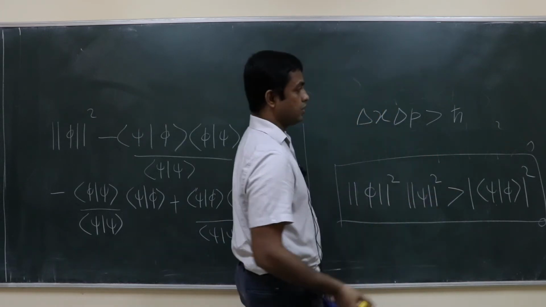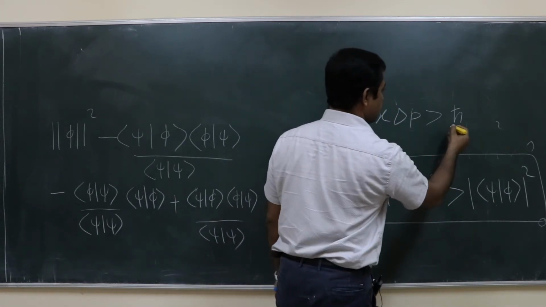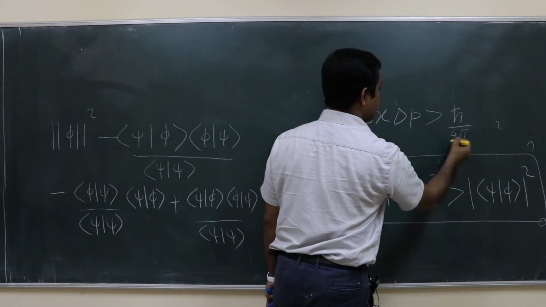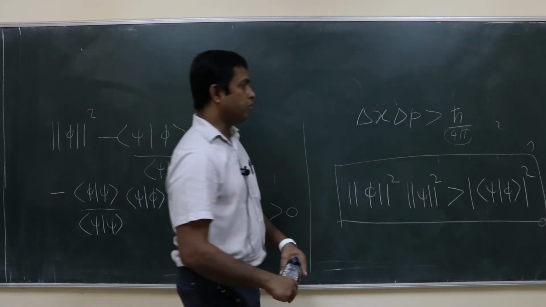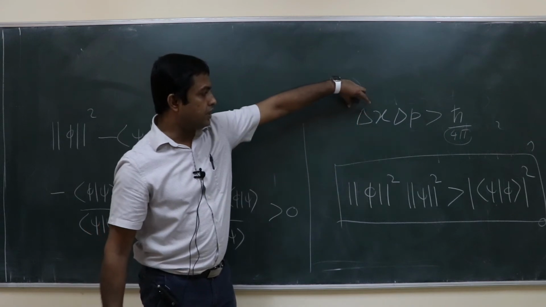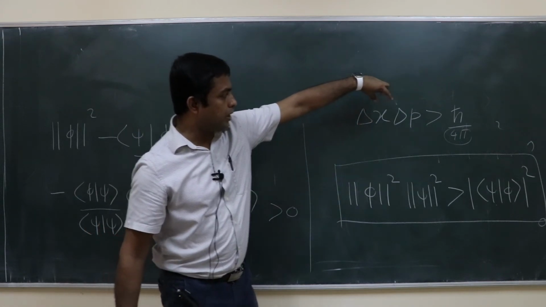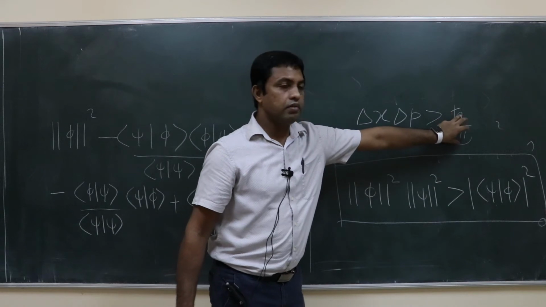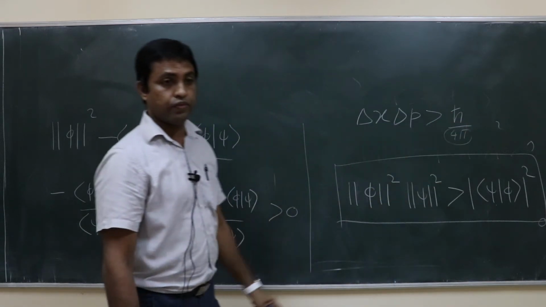H cut or h cross by 4 pi. Okay, you decide about this number. The important thing is the uncertainty in x multiplied with the uncertainty in p is always greater than one number, h cross by 4 pi.